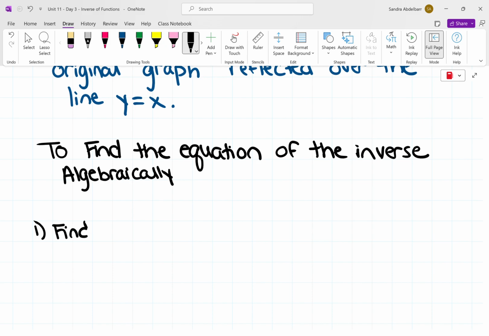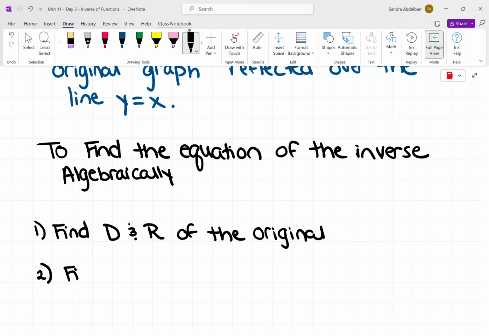Step 1, we're going to find the domain and range of the original. Then we will find the domain and range of the inverse.